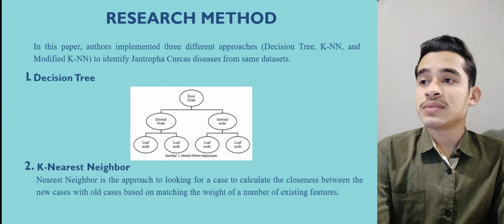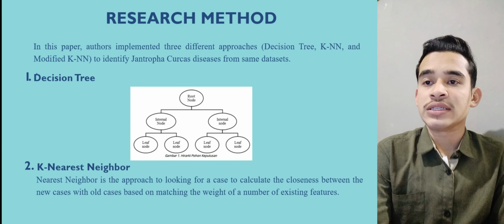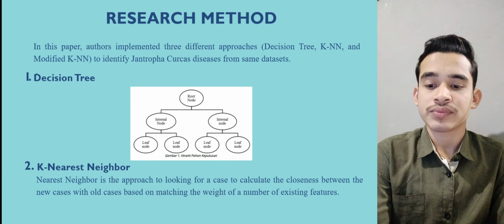Next, research methods. In the paper, the authors implemented three different approaches: decision tree, KNN, and modified KNN to identify Jatropha curcas disease from the same dataset. First, decision tree.